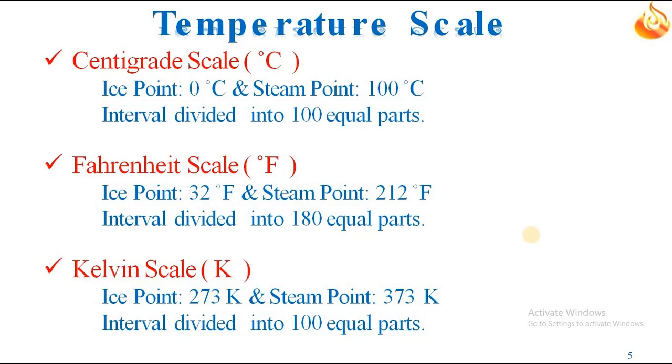So let us tell you that this temperature scale has been designed keeping water as the reference. We know that water is naturally available on the earth in all the three forms or phases.